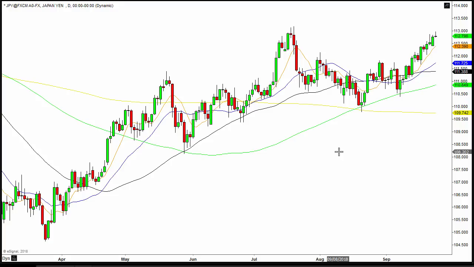But there are also times when we can look at price mean reverting to a moving average. And so we can, as traders, ask, how can I use this information? When price does retrace to a key moving average, is that potentially a buying opportunity, like in this situation down here?